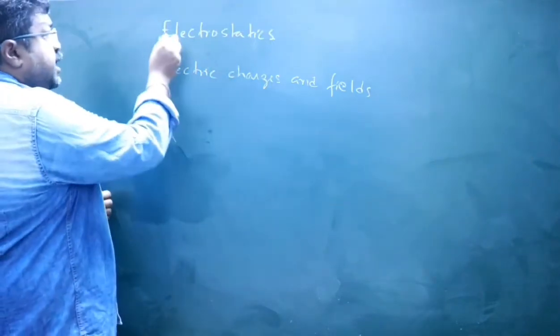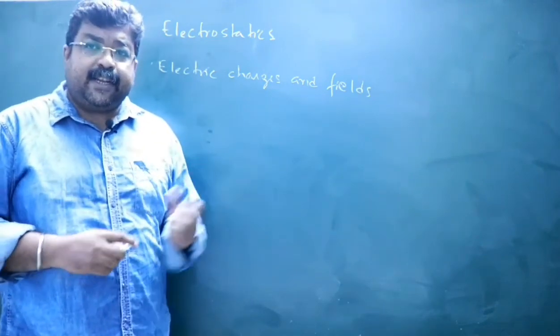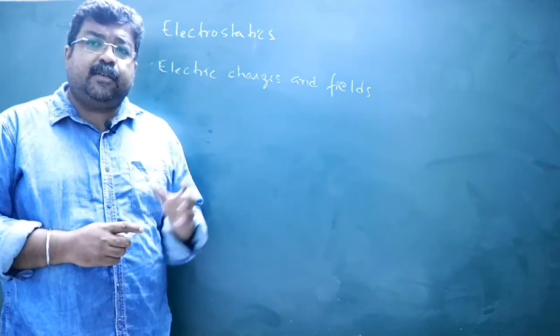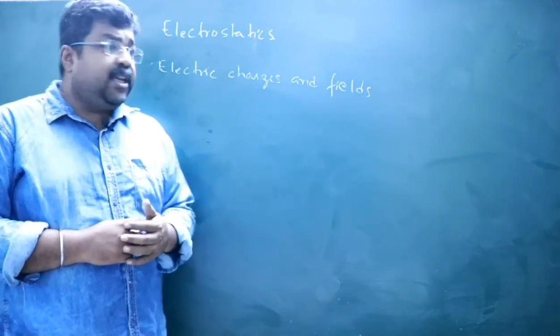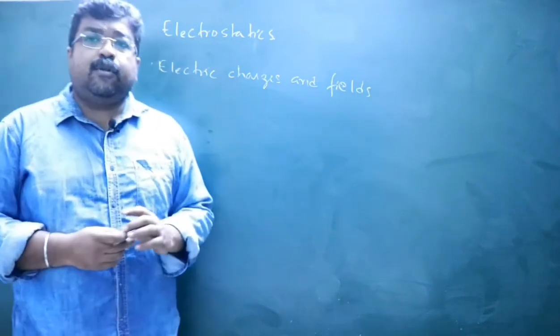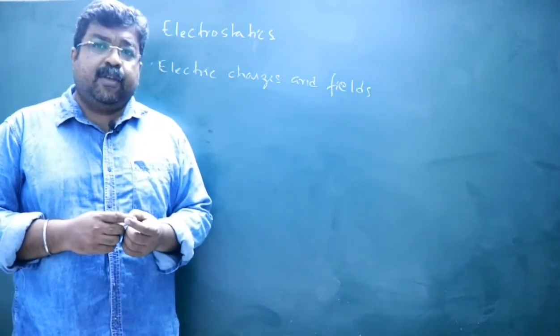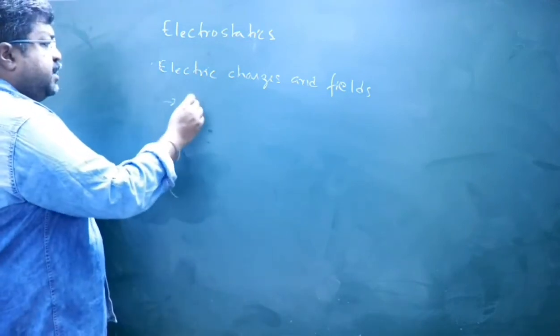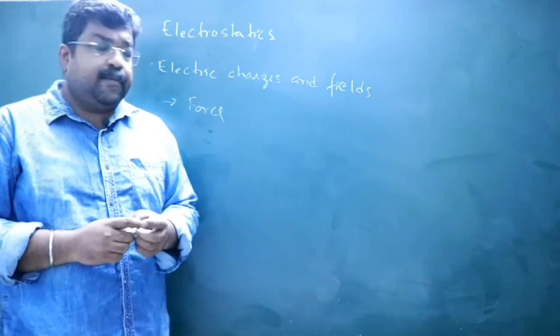Now this term electrostatics is a combination of two terms, electro and statics. Electro means charges and statics means at rest. So basically we are going to study what happens because of these static charges. First, they will exert force on other static charges.